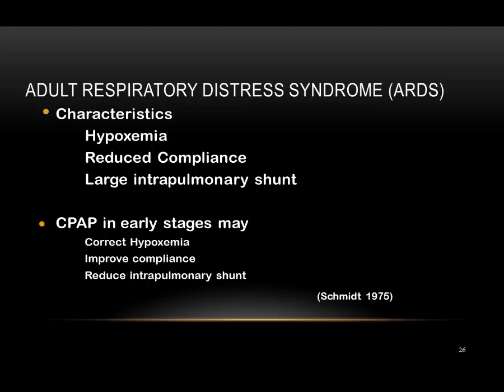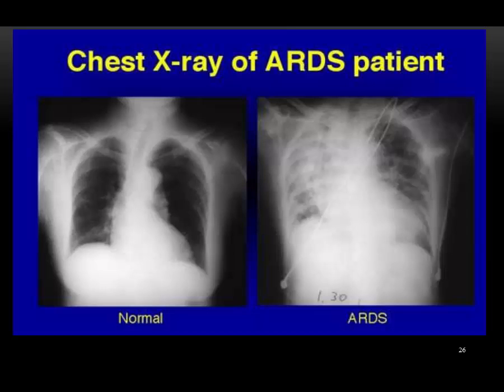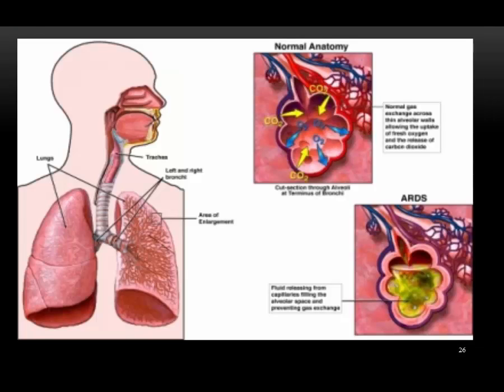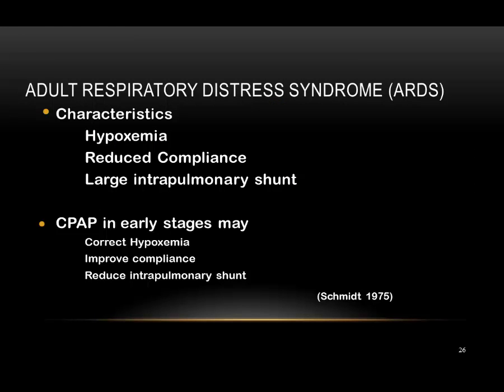ARDS characteristics include hypoxemia, reduced compliance, and a large intrapulmonary shunt. The shunt is due to deoxygenated blood flowing past alveoli that are not functioning well, so the blood is not oxygenated in the lungs and is returned to the left heart to be pumped to the body with low oxygen. CPAP in the early stages may correct hypoxemia, improve compliance, and reduce the intrapulmonary shunt.